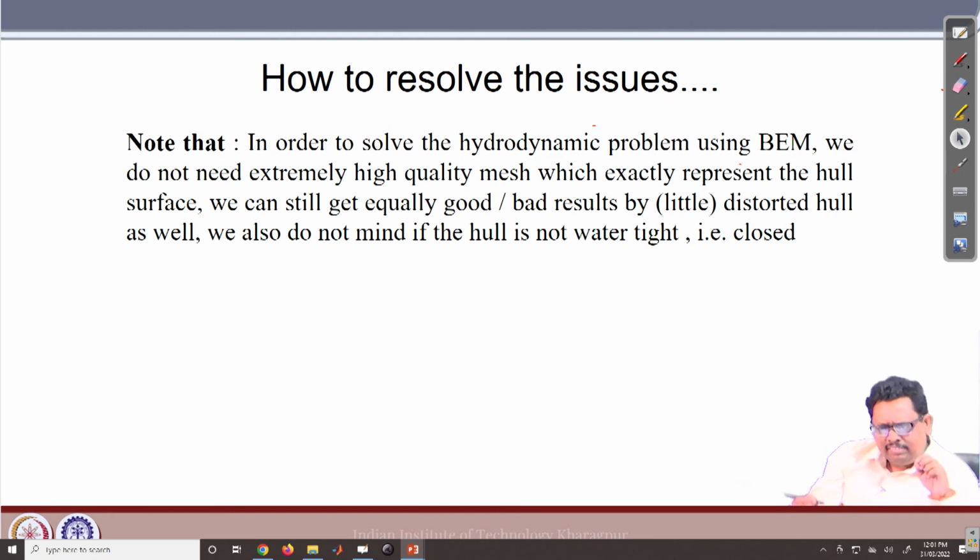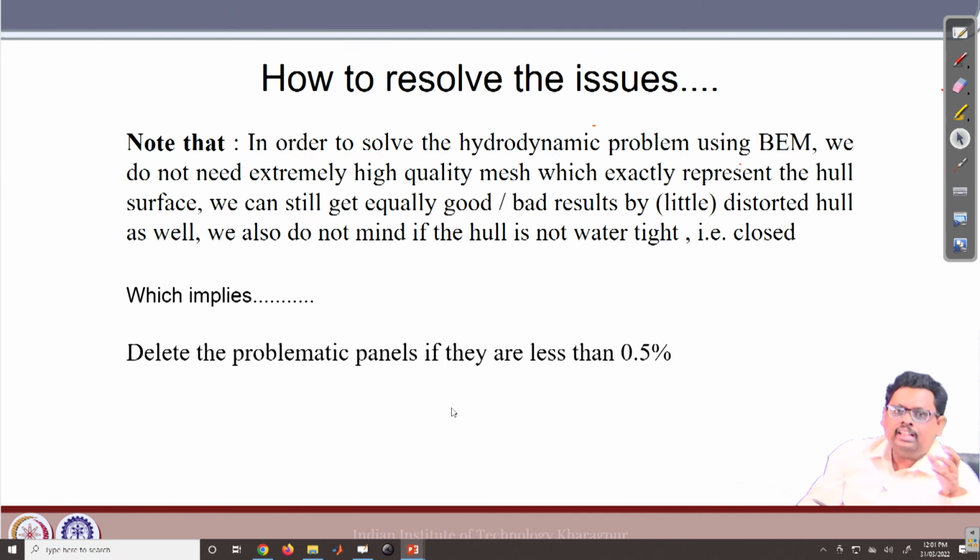So, some small distortion we can accept. From my personal experience, I can tell you, if such bad panels are less than 0.5%, like out of 1000 panels, suppose one panel is like that.